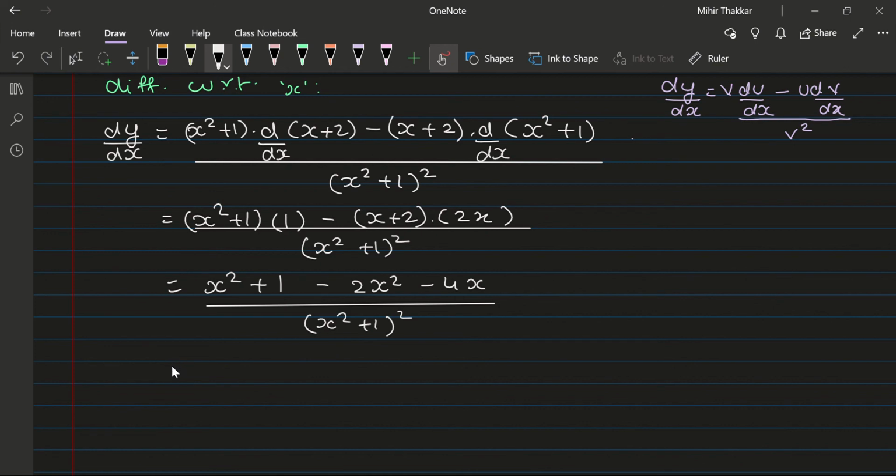So yes, I get x square positive, negative 2x square, that is negative x square, 1 remains over there, minus 4x also remains over there. So I get x square plus 1 the whole square, that is your required value of dy by dx.